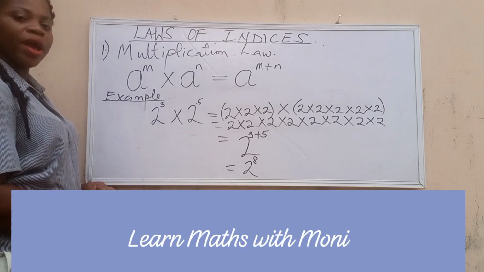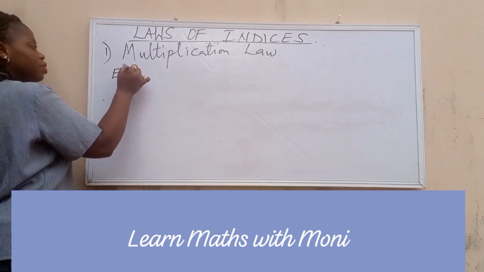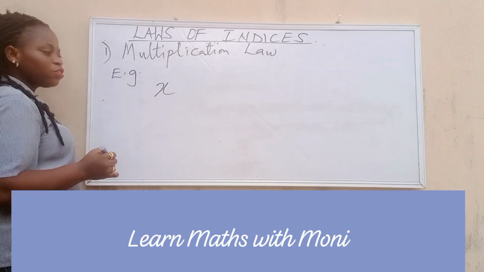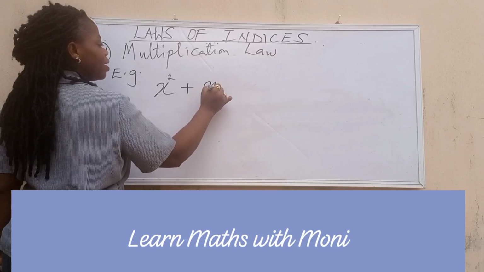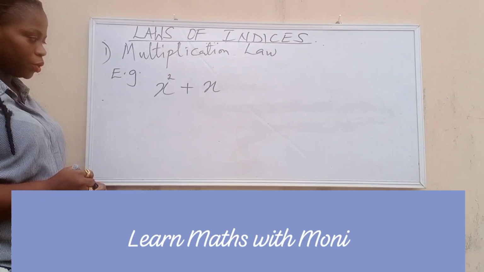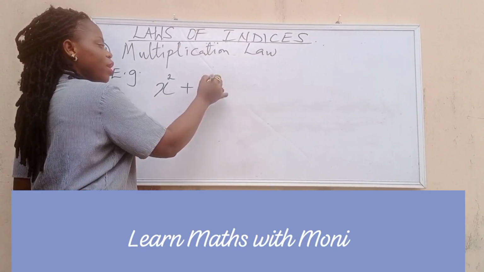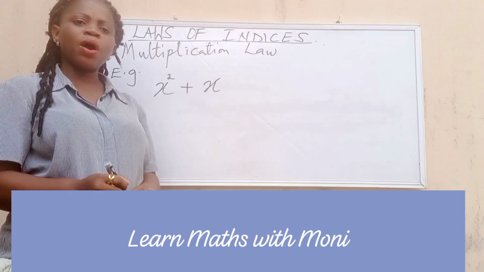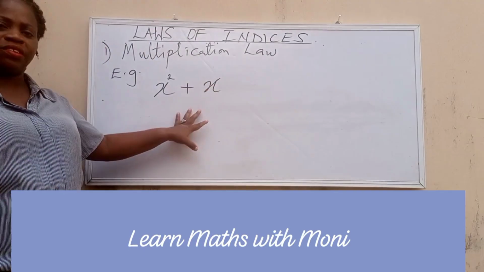Let us take more examples under the multiplication law. For example, it is possible I have x raised to power 2 times another x raised to power 1. Without writing the 1 here, this is actually x raised to power 1. Most of the time, when the power is positive 1, it is usually skipped.